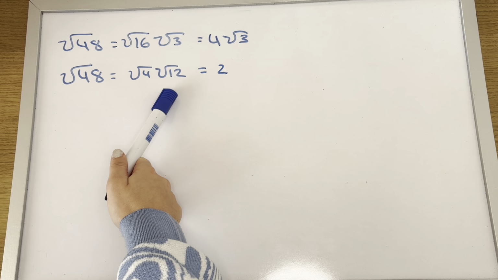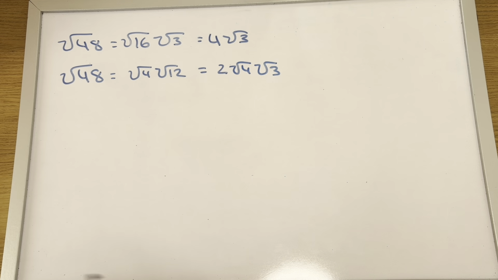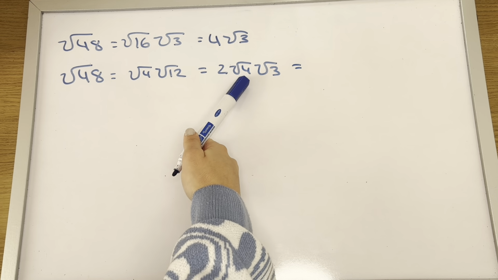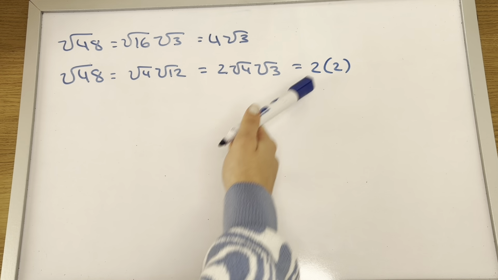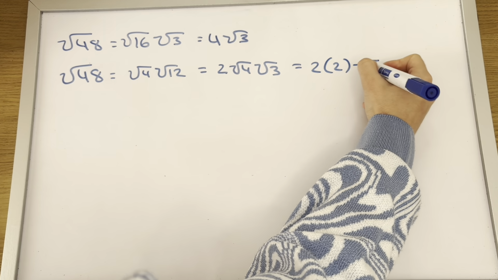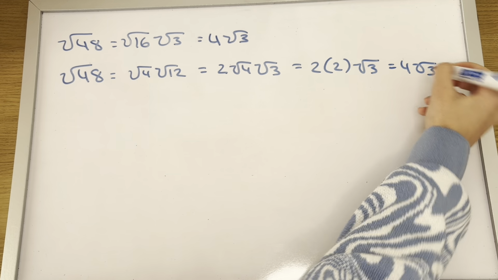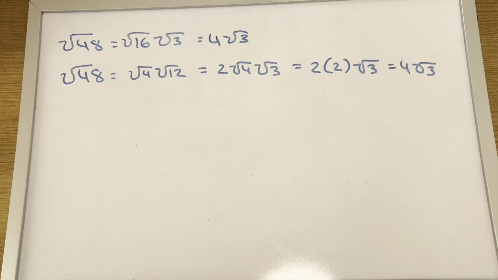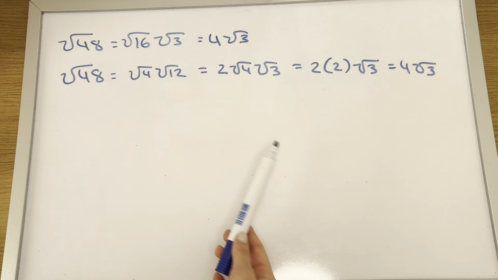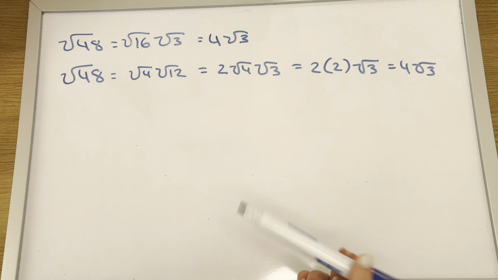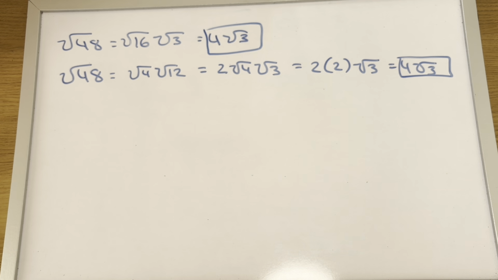Now let's break down the 12: square root of 4 and 3. That 4 can be simplified even further into a 2, multiplying with the other 2. Then we still have the square root of 3, and we multiply, so that gives us 4 and the surd of 3. So it's important to choose one perfect number and one not, and it's okay if you can't, because you can solve it in the end, but it's a much longer and more time-consuming process.